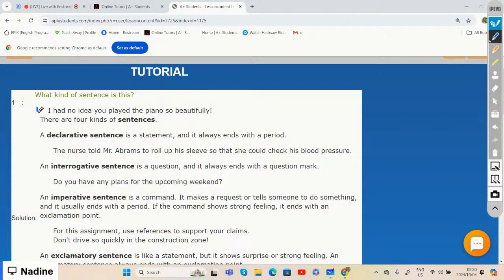It says, I had no idea you played the piano so beautifully. And it ends with an exclamation point. What kind of sentence is that? Is that a declarative sentence, an interrogative sentence, an imperative sentence, or an exclamatory sentence?